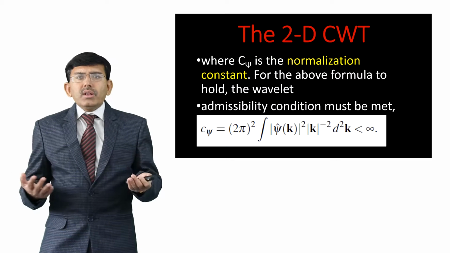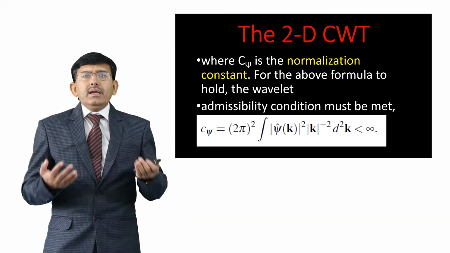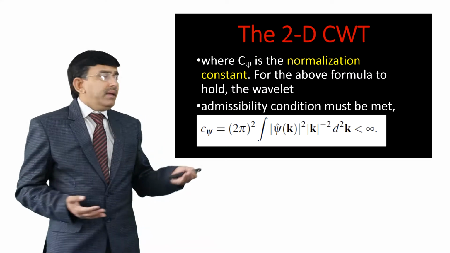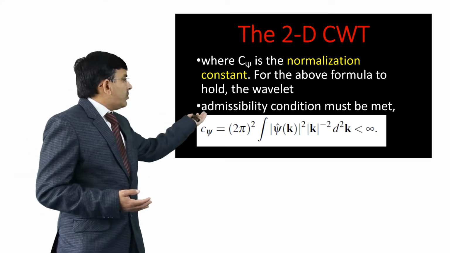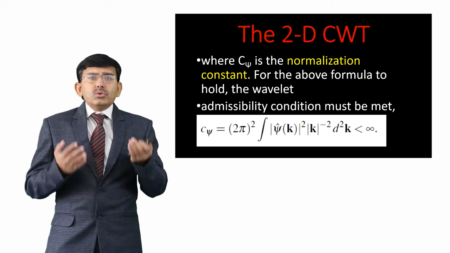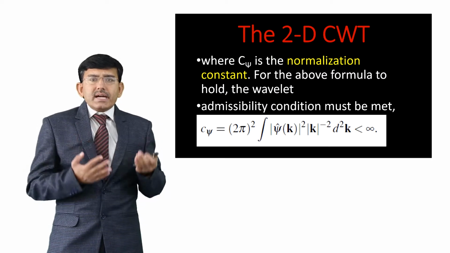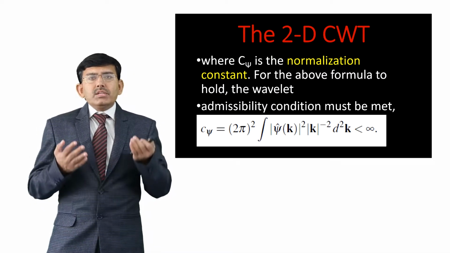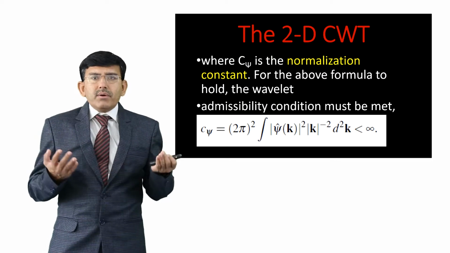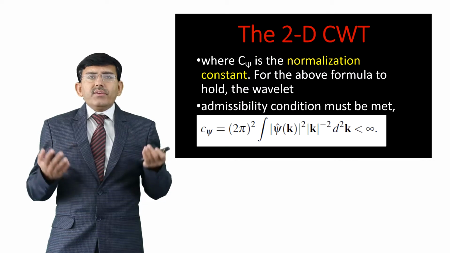For the above formula to hold, the wavelet admissibility condition must be met by the equation shown on this slide. It has c_ψ = (2π)² ∫ |ψ′(k)|² |k|⁻² d²k < ∞.